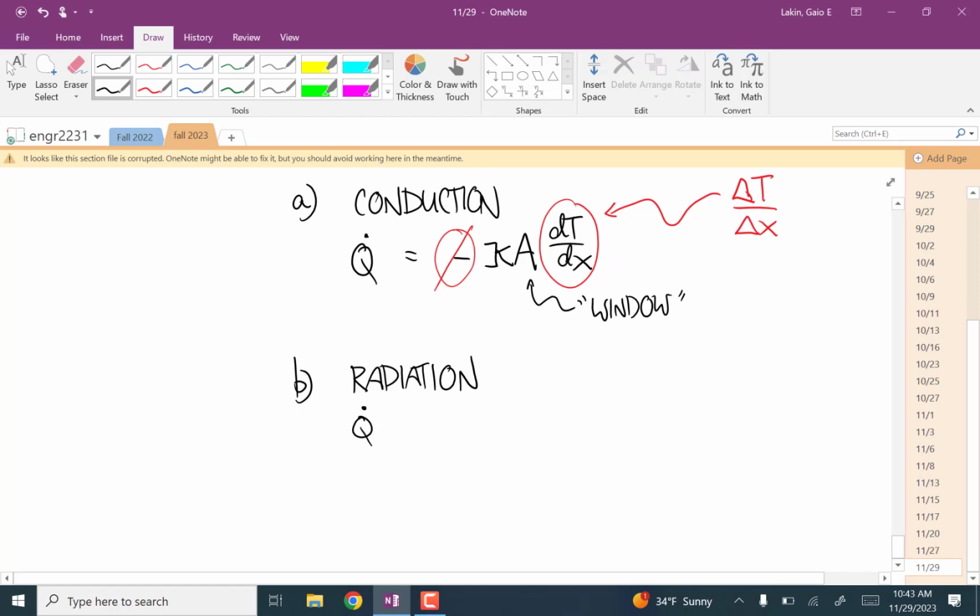And there are two things we have. The first one is totally universal, but not very useful. The rate of heat emitted is the emissivity times the Stefan-Boltzmann constant times the surface area of the object times the temperature of the body to the fourth.